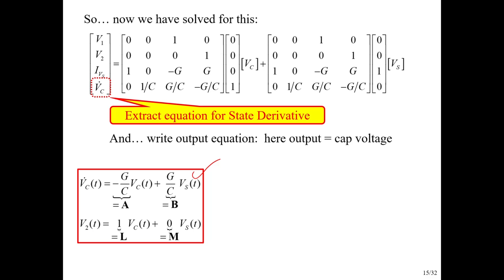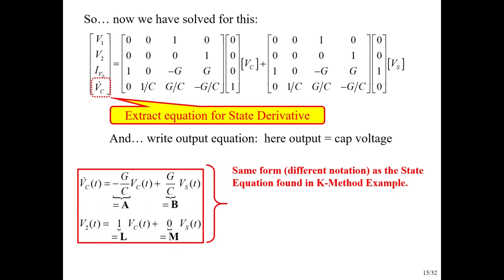And then our output, well, that's easy. It's just our output is V2 of t. And that's just going to be VC of t times a 1, because those are one and the same. And we don't need anything from that. So there's our general form.